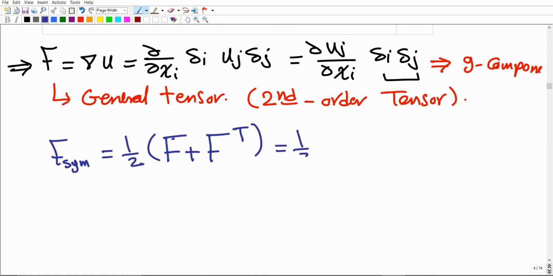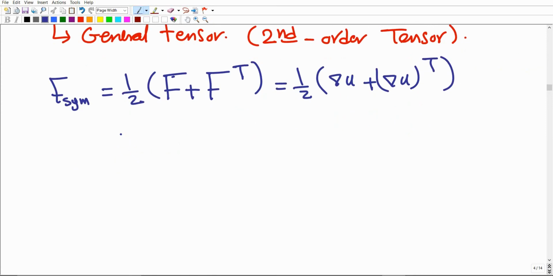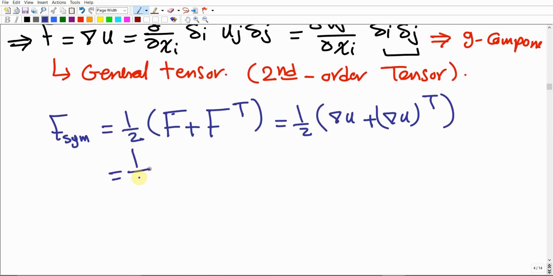It means that 1 over 2, just replace F with nabla u plus nabla u transpose, right? This is gonna give us, simply, nothing new, we are just using the definition of the symmetric tensor from a general tensor.